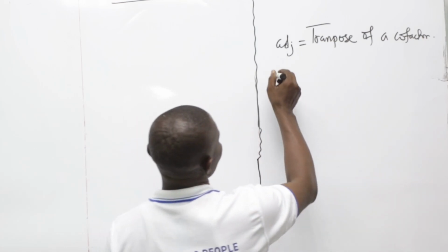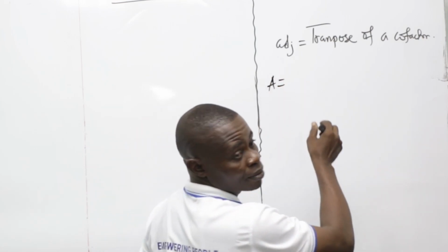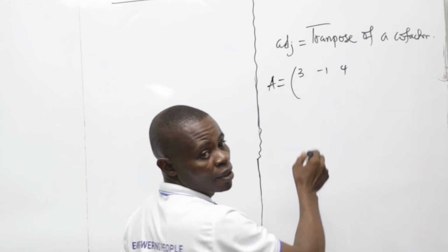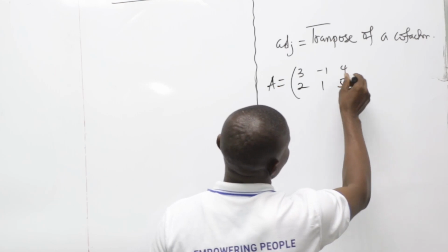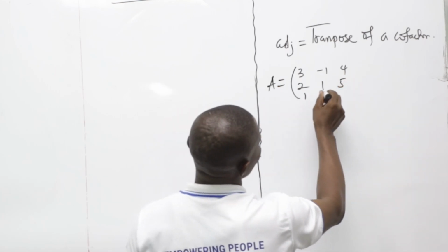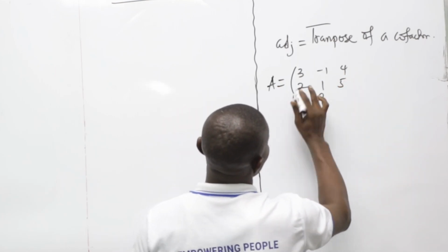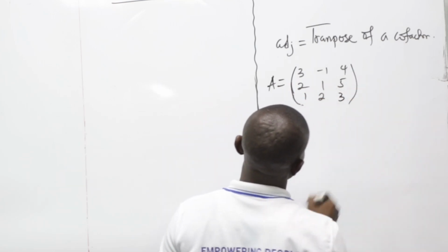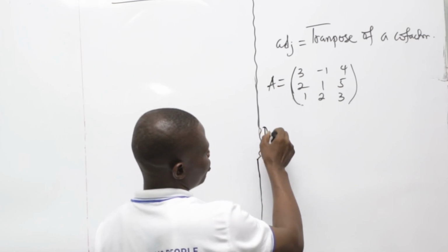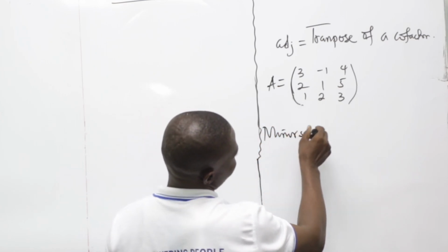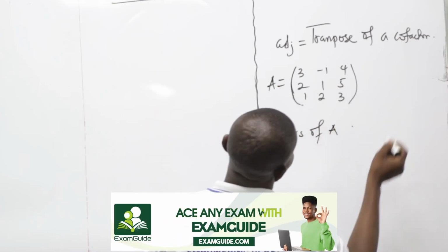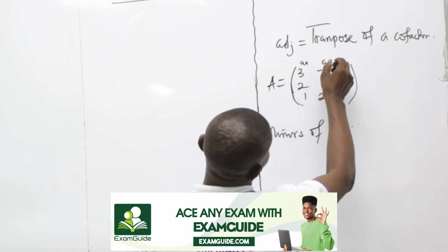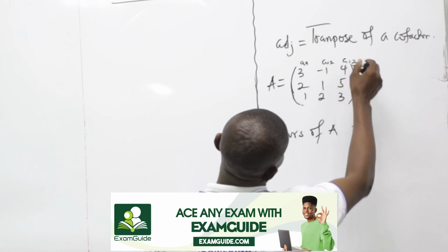Now, if matrix A equals 3, minus 1, 4, 2, 1, 5, 1, 2, 3, we think of the minor of A. The minor of A will give us A11, A12, A13.